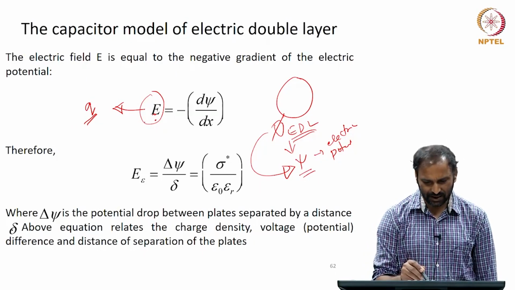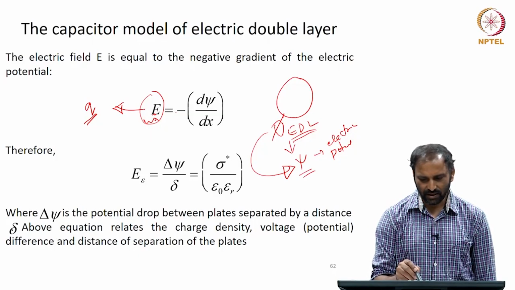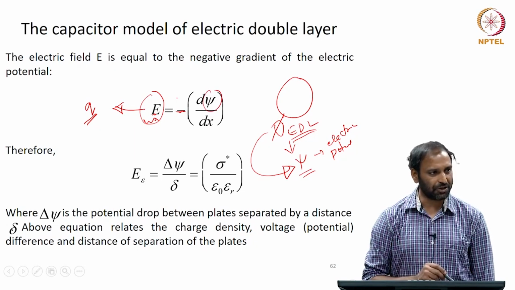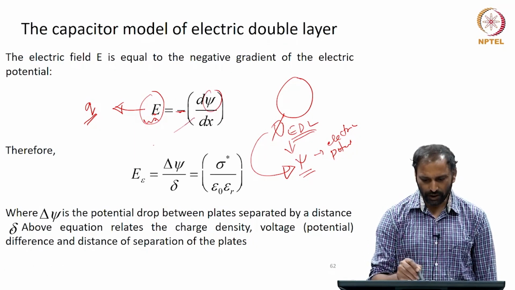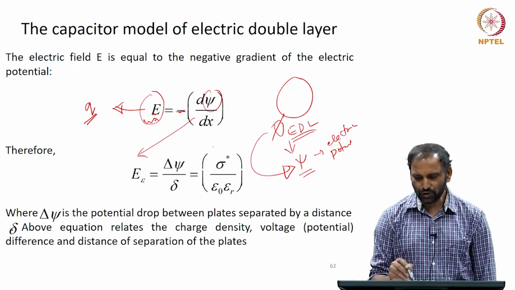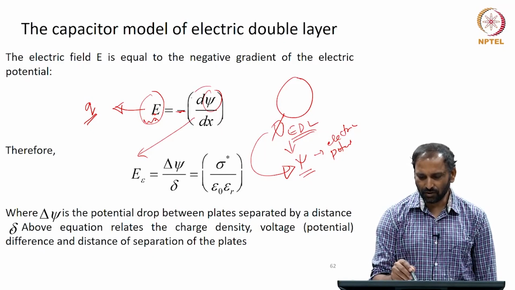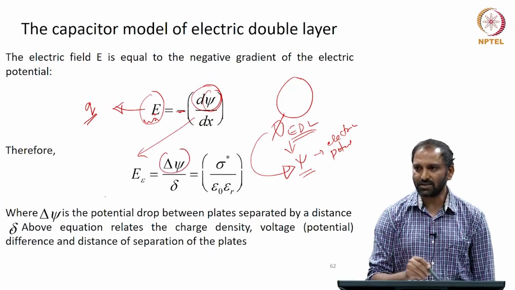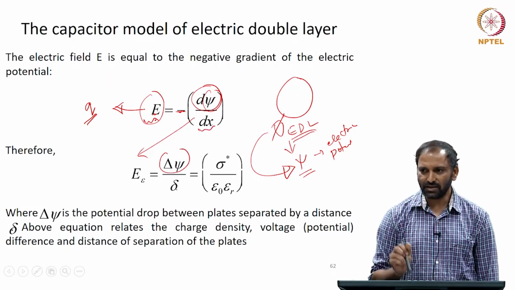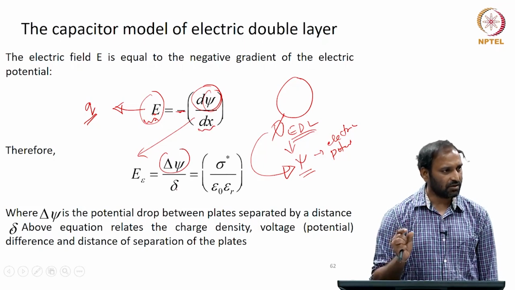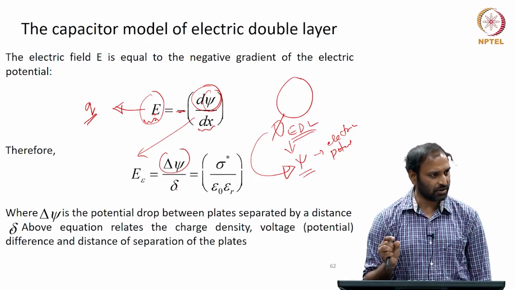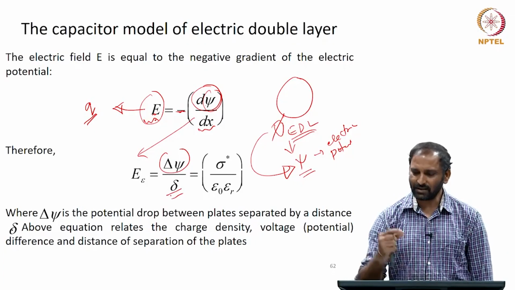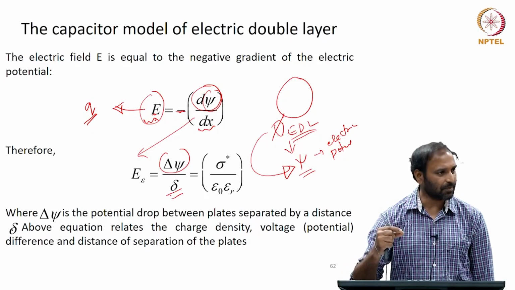And this electric field E is given as the negative gradient of the electric potential. So, what I can do is, if I assume that the drop in the potential is very small, I can replace d psi by delta psi, and this dx is the distance over which the potential is changing, that is, the distance between the capacitor plates.